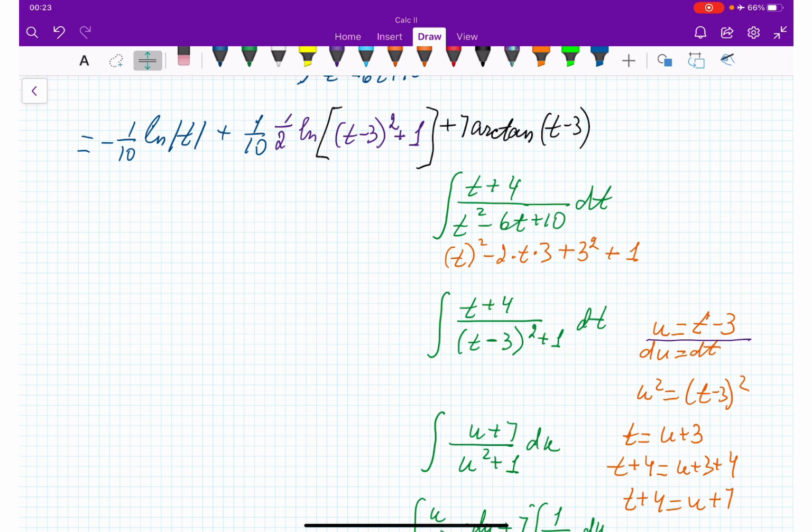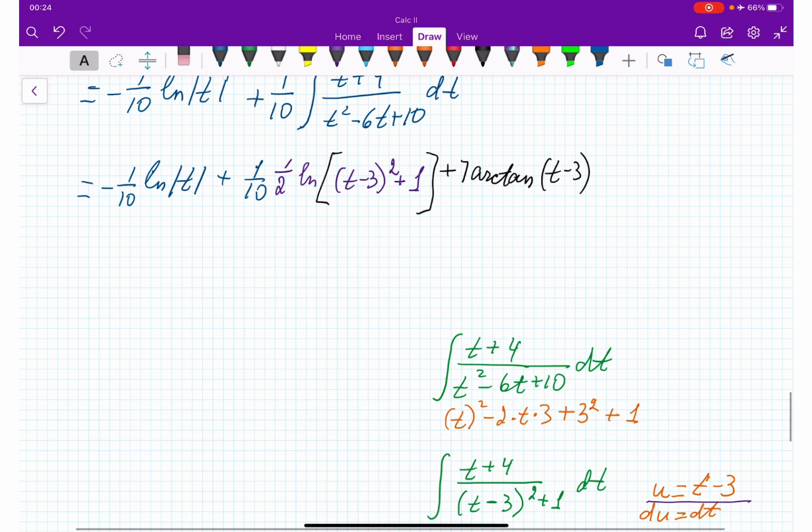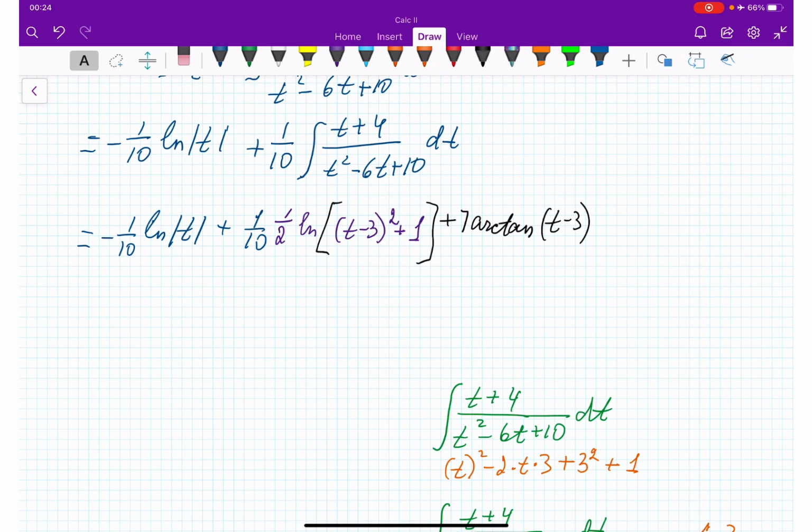So 1/10 belongs to this entire expression, so I'm going to put square brackets to protect the common factor.